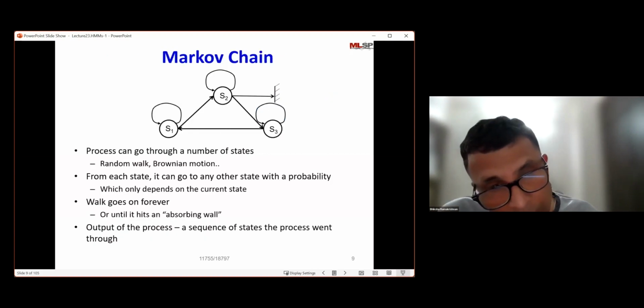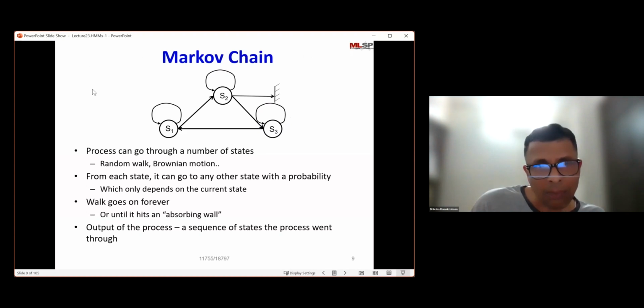Specifically, the first random process that we look at is going to be a Markov chain. A Markov chain is a process that can go through a number of states. There are many examples of these, random walks, Brownian motion. But in all of these, the characteristic is that there are a countable number of states, and from any state at any time, the process can go to any other state, including itself, with a probability that depends only on the state that it is in.